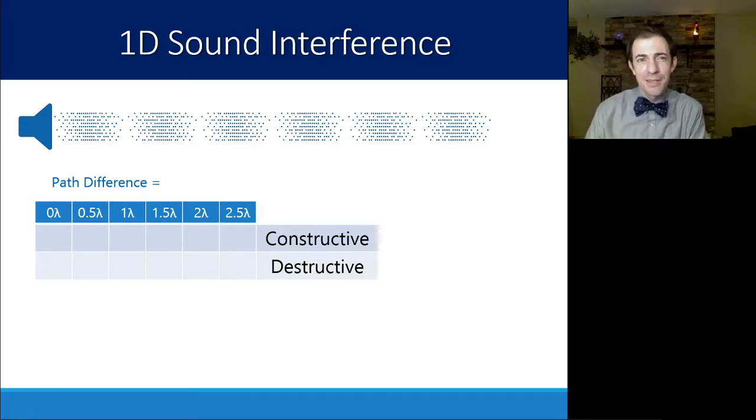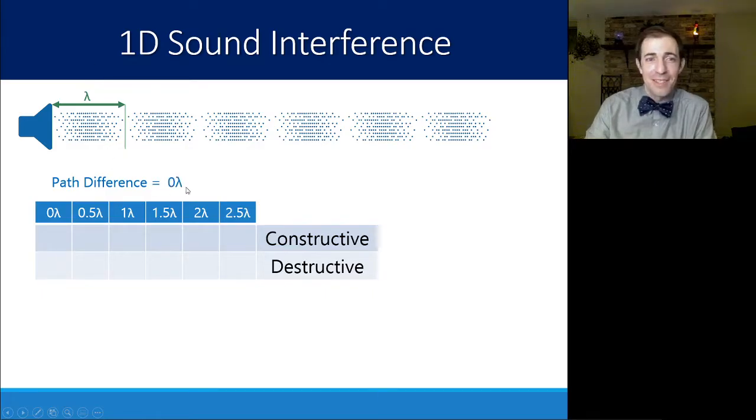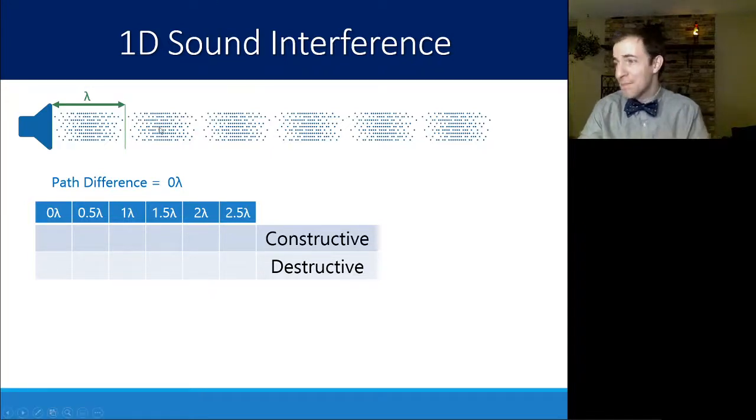Say I have 2 speakers that are both exactly in the same place. If they are at exactly the same space and they have a wavelength of lambda, we say that their path difference is 0 lambda. They start in the same place. There's no difference there. In this case, you're experiencing crest with crest, rarefaction with rarefaction, compression with compression.